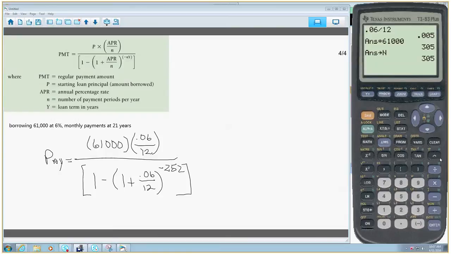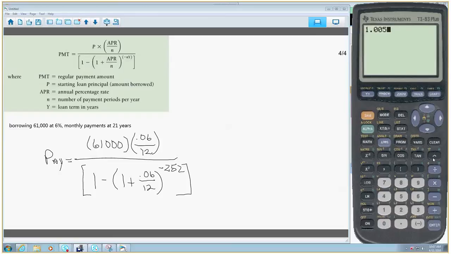We'll clear that. Now we know that 0.06 divided by 12 is 0.005, right? So I'm going to add that to 1 and get 1.005. Now, if I was to flip it, it would be 1 over 1.005, right?